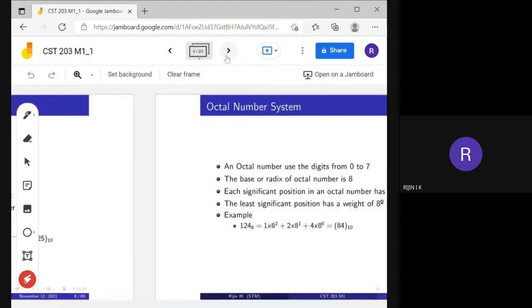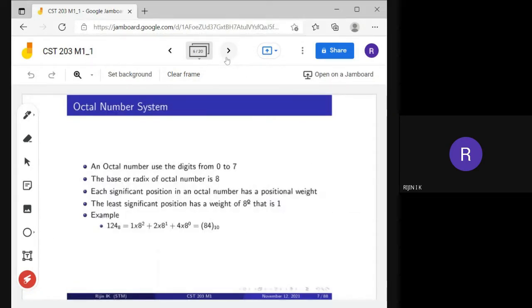Then the next one was the octal number system. What was the octal number system? In the octal number system, we use 8 symbols for representing numbers. That is 0, 1, 2, 3, 4, 5, 6, and 7.